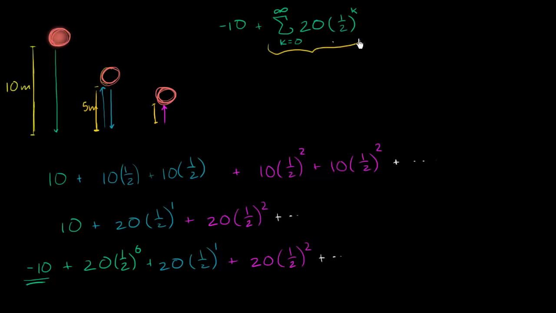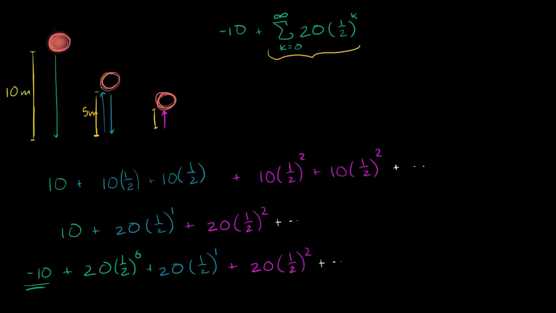Well, we've already derived in multiple videos that the sum of an infinite geometric series, so the sum from k equals 0 to infinity of a times r to the k, is equal to a over 1 minus r. So we just apply that right over here.